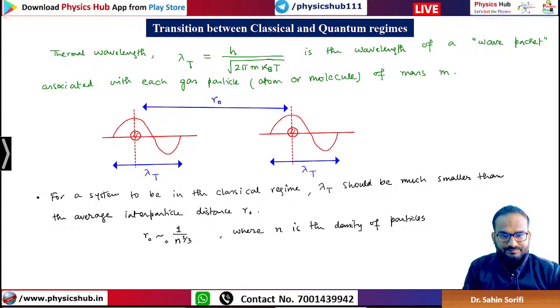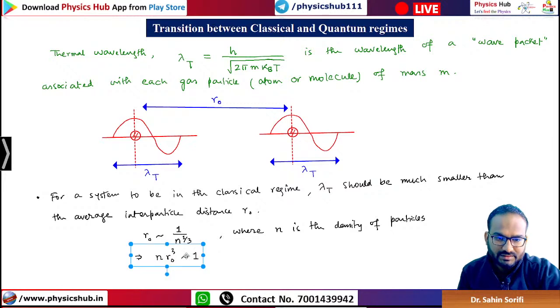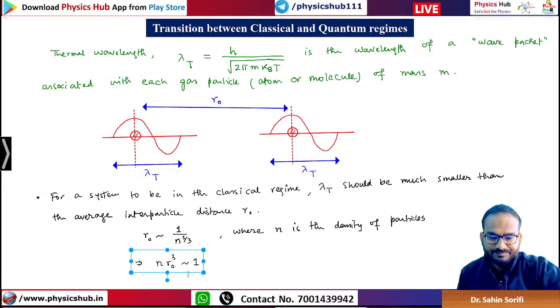So we can conclude that n times R0 cubed is approximately 1. This denotes the condition of the particles being in the classical regime.